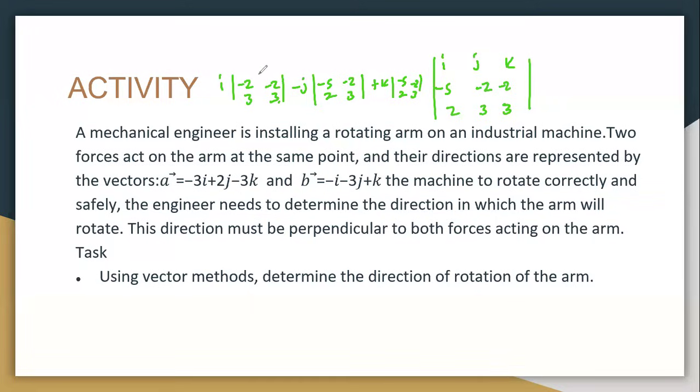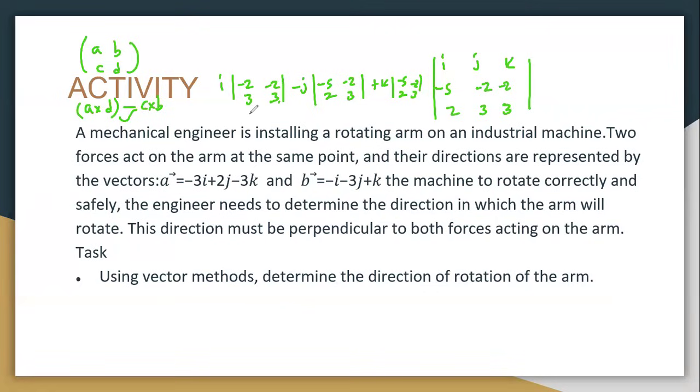Diana, do you remember how to get the determinant of a matrix? In case I have A, B, C, D, how do we get the determinant? We shall multiply A times D, then minus C times B. Perfect. That is the same thing, Diana, we apply here.